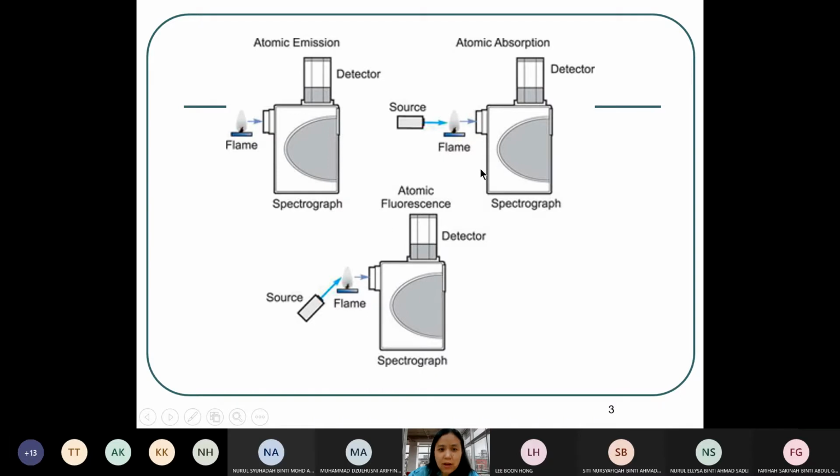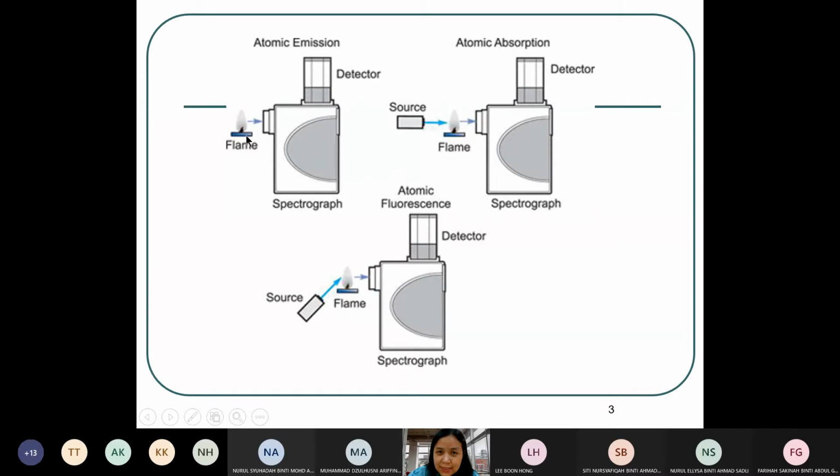As I mentioned, in AAS and AFS, the excitation is caused by the light source. In contrast, for AES, the excitation is caused by the energy source, not the atomizer. So the temperature of the energy source is very important.